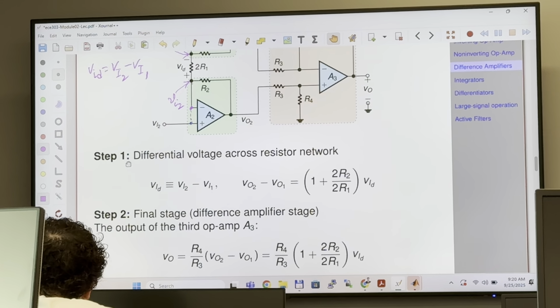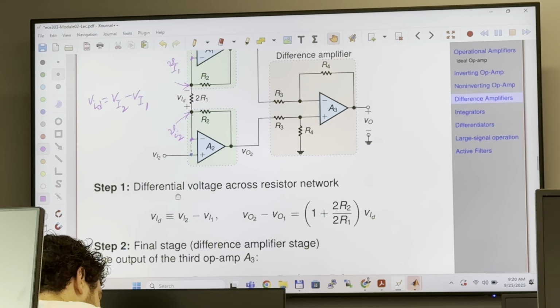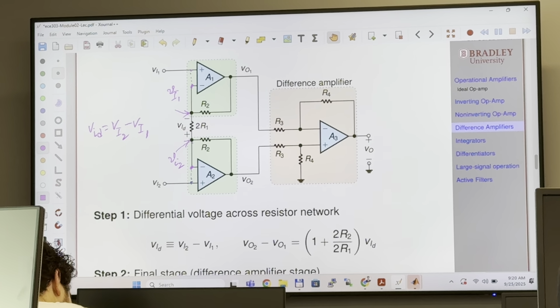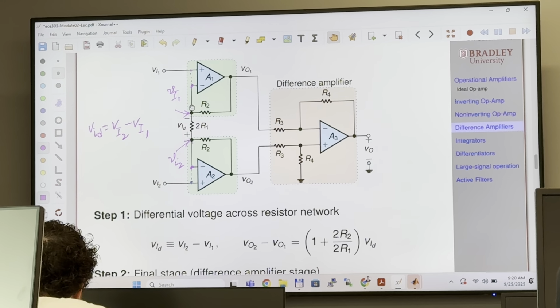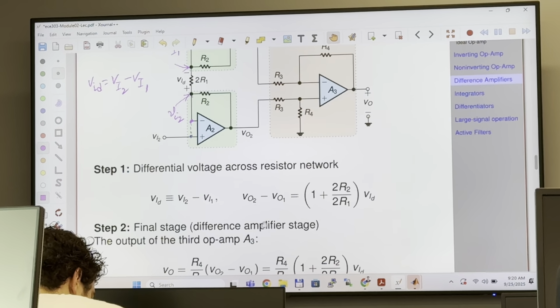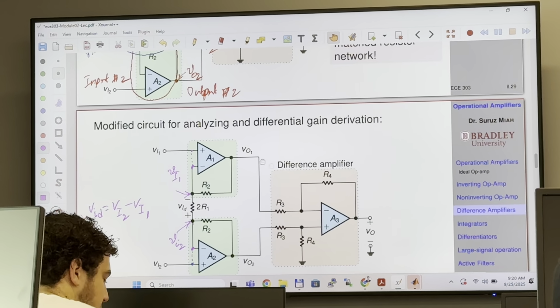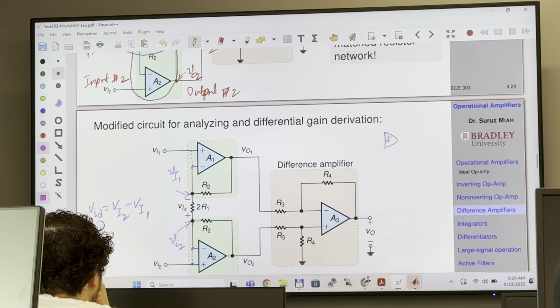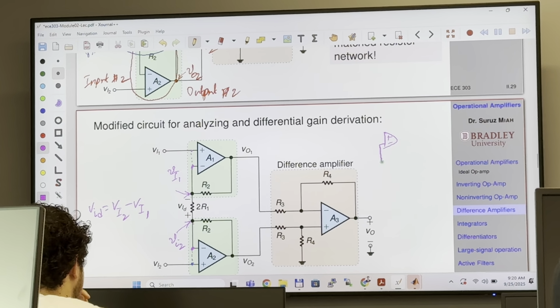So step 1: we have VID equals VI2 minus VI1. If you analyze the current going through this resistor, and this non-inverting op-amp, you will see it. You guys remember that non-inverting op-amp?